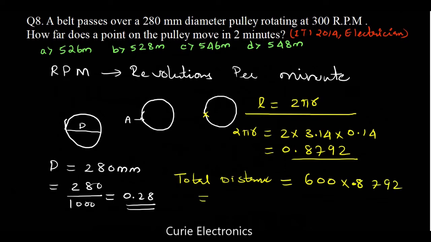How much does it come to? It comes to 527.5. So roughly it is 528 meter. 528 meter is the right answer.